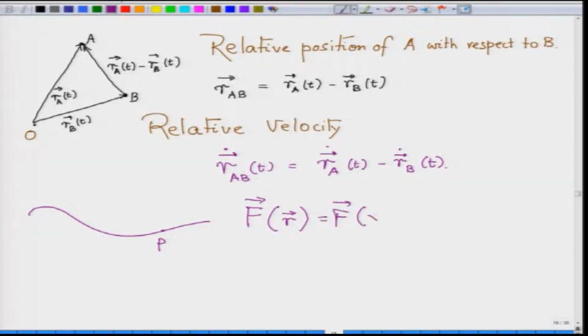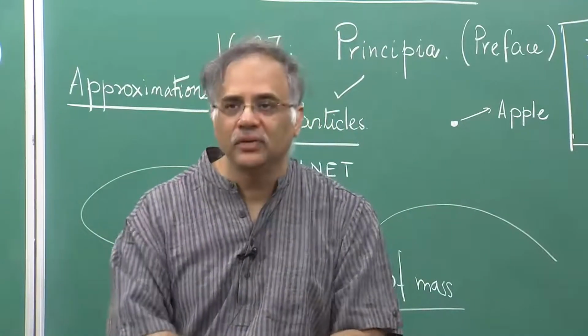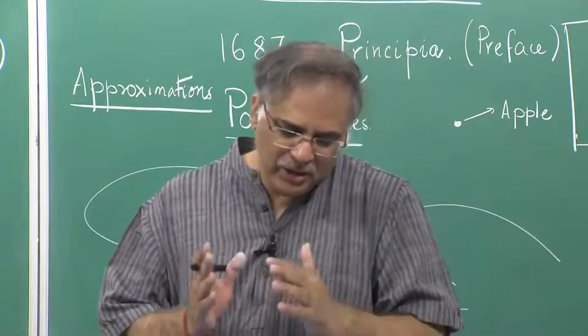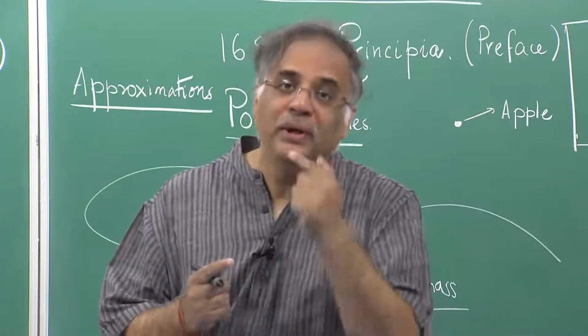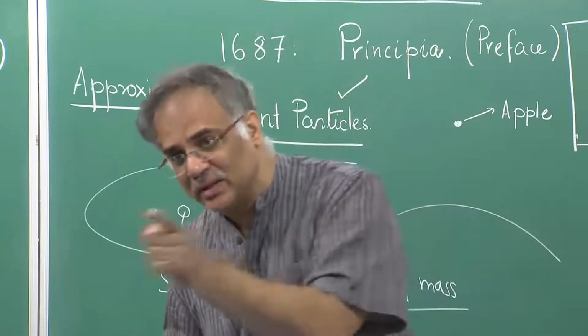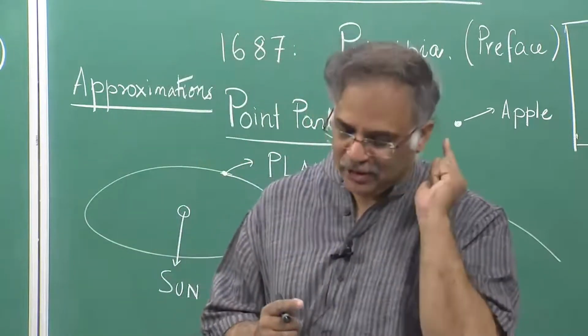So I can write it as force of x, y, z. Obviously these x, y, z are also functions of t. So at the end everything becomes a function of time, but we did not put time explicitly, hoping that you understand that whatever happens in mechanics or in dynamics, because things are moving, has to depend on time.